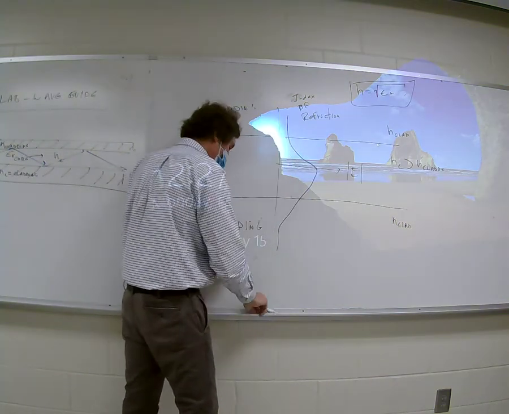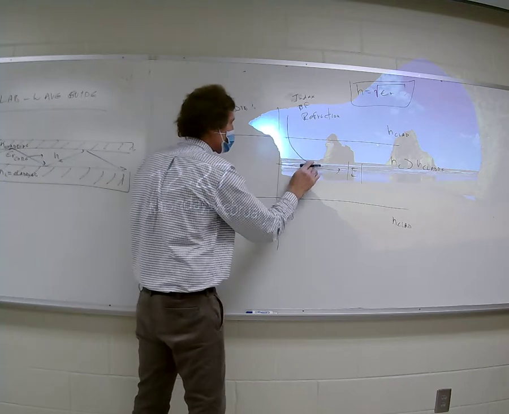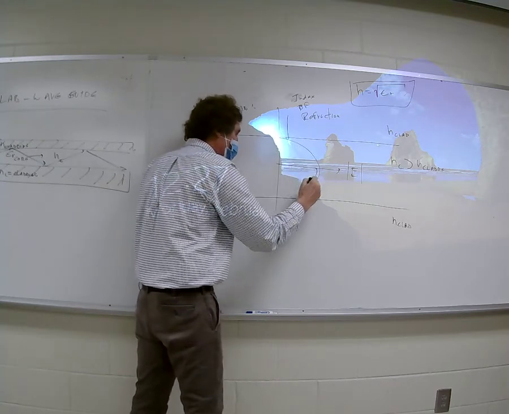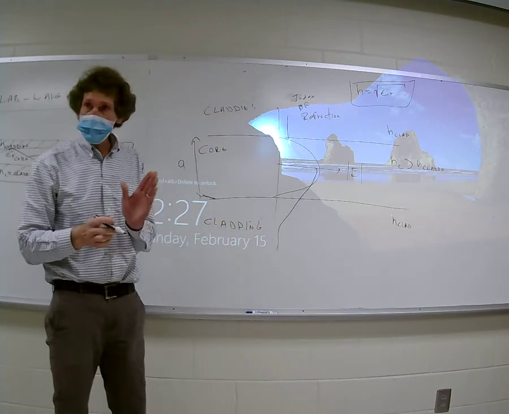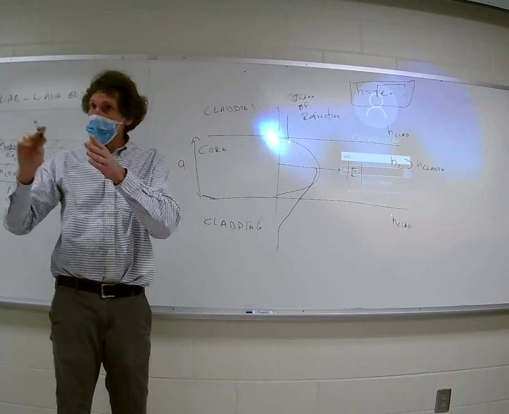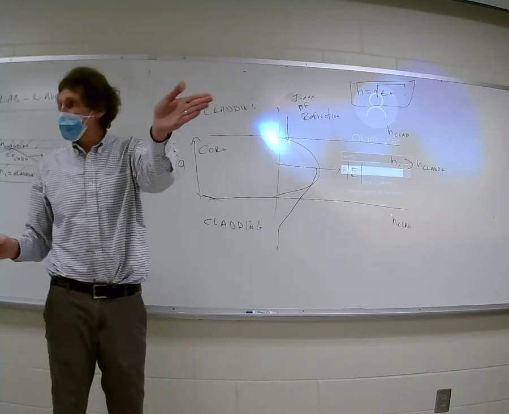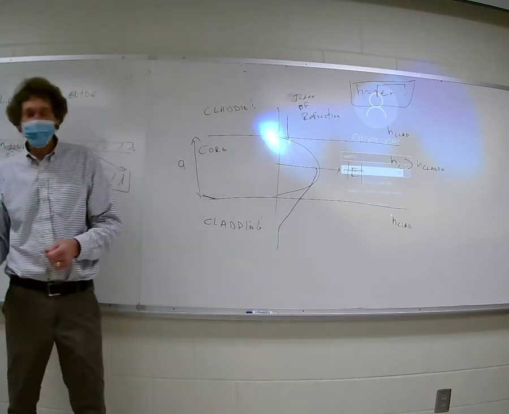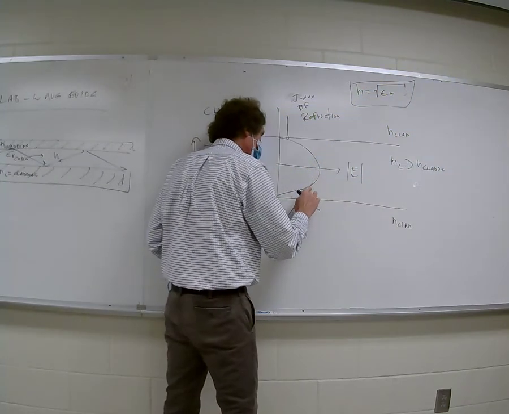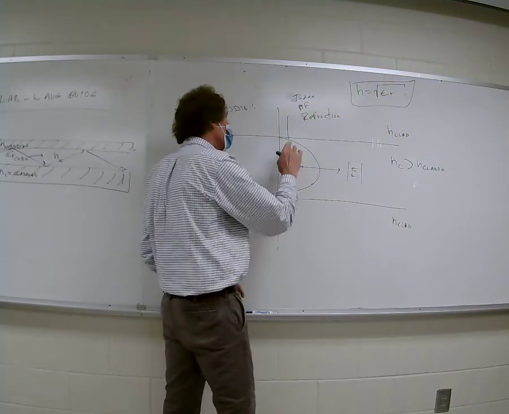If it was a conductor, it would look like this. It would be a half wavelength, like this. Remember how a conductor looks? The half wavelength across the dimension that's longest. Here, this dimension out of the board is actually longest. But what you'll actually get is not that, but this.